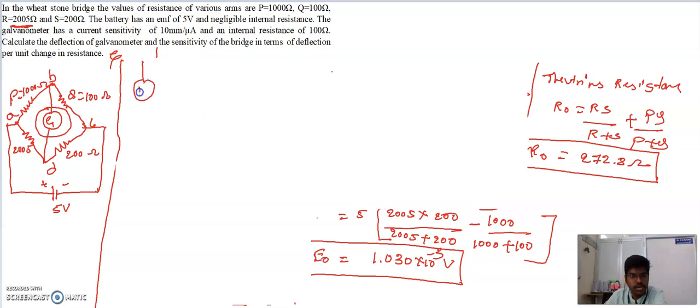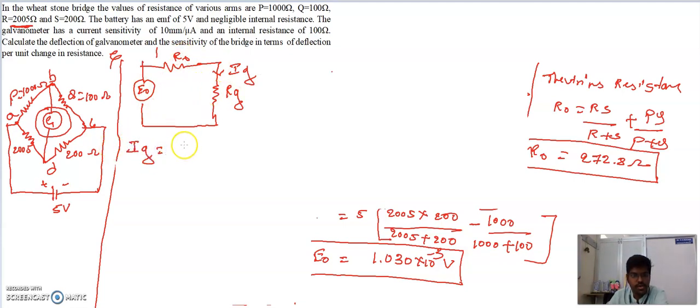E naught is in series with R naught, and this will be in series with the galvanometer resistance. The current flowing through the galvanometer, let us take it as Ig. The value of E naught we know, R naught we know, Rg we know. So galvanometer current Ig is given by V by R, so E naught divided by total resistance R naught plus Rg.